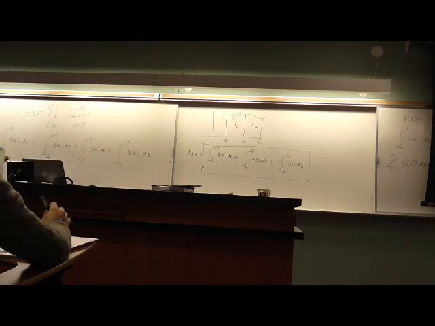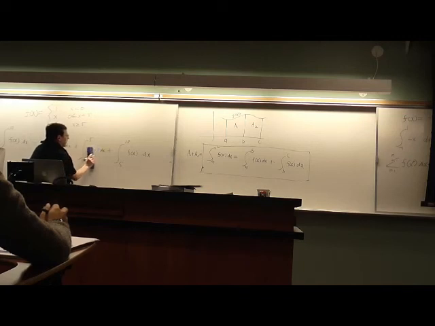Now, I'm not going to rewrite this. I'm just going to cheat and say, well, from -2 to 0, it's 1. From 0 to 5 it's x.